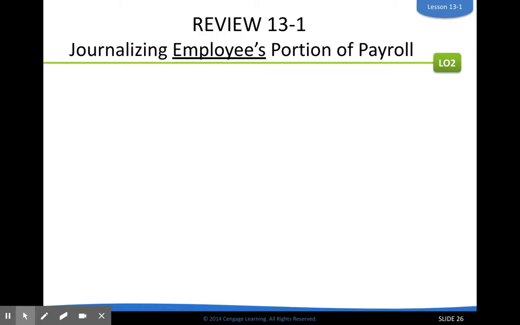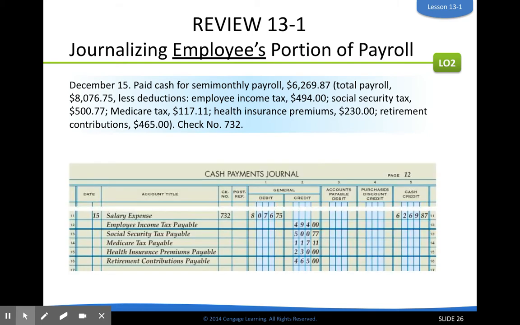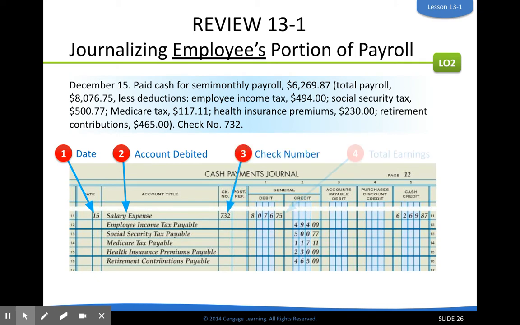Just a quick review of the different journal entries that we've had up to this point. In the journal entry from 13-1, we paid cash for the semi-monthly payroll. On December 15th, we debited salary expense. We had a check number since we're writing a check.